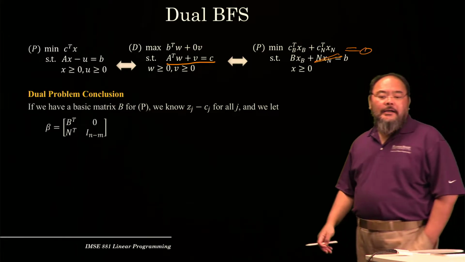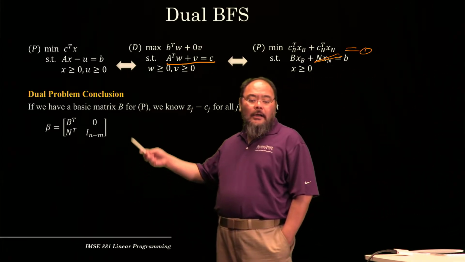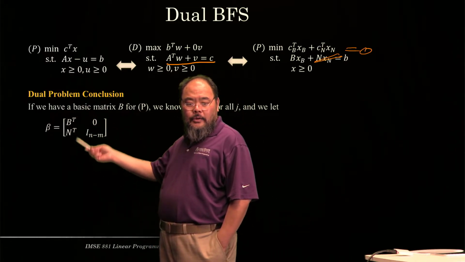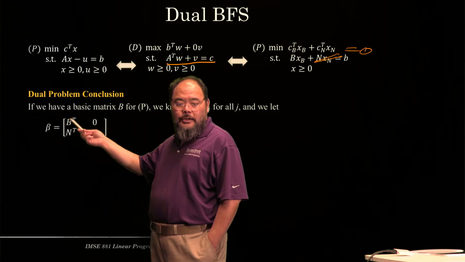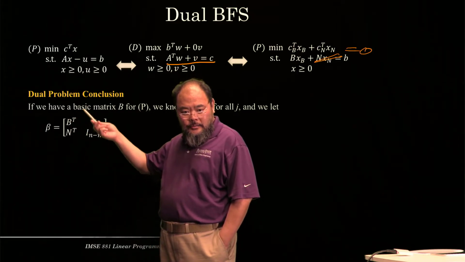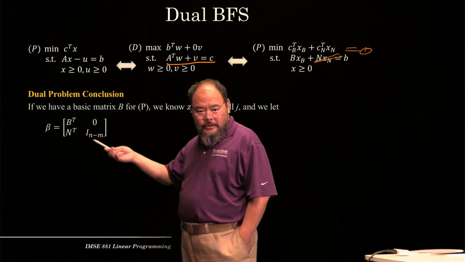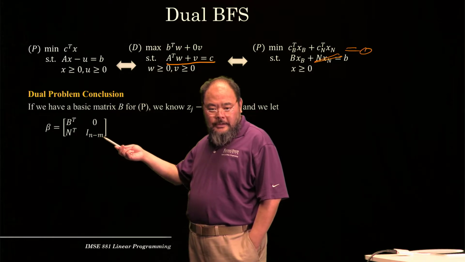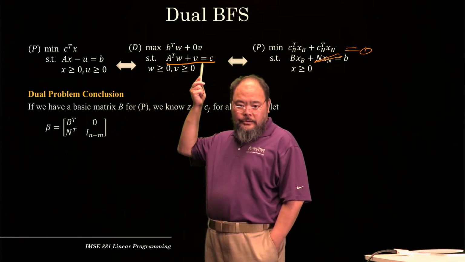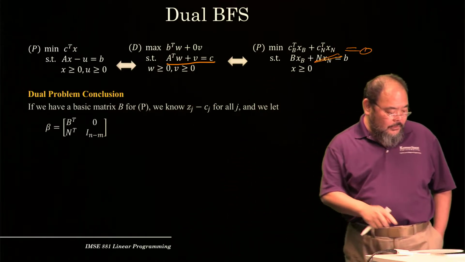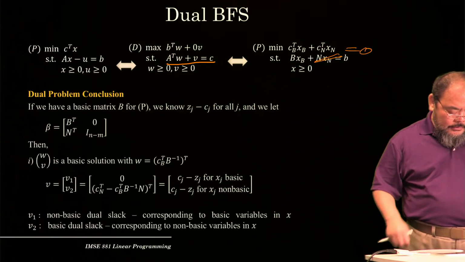The first couple of columns right here represent B transpose and N transpose. So I have m columns right here. Also, these are the corresponding what? The identity matrix corresponding to the dual slack variable. Okay? So that's all there is to it, and let's take a look.